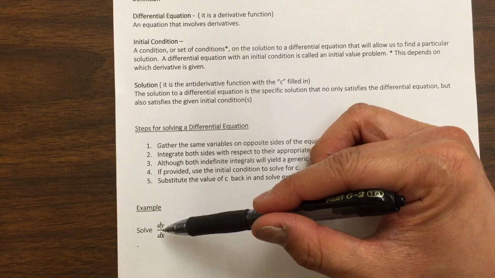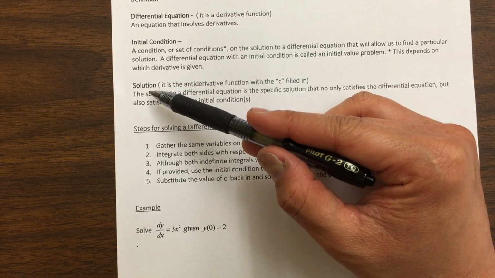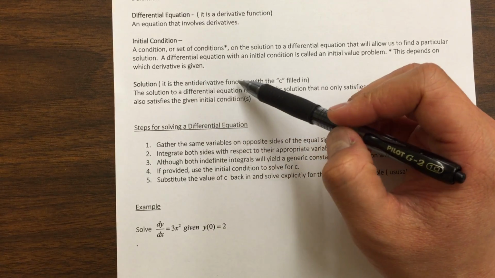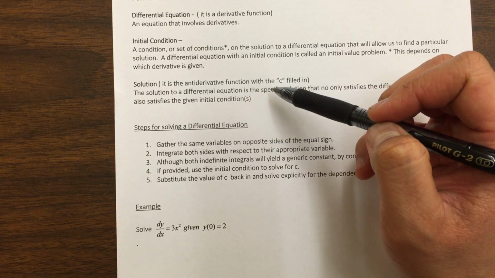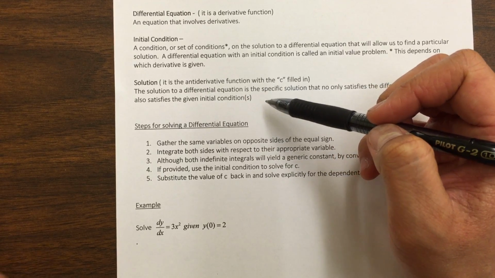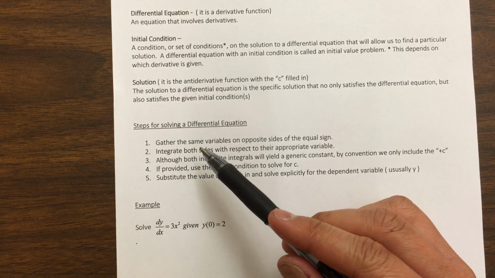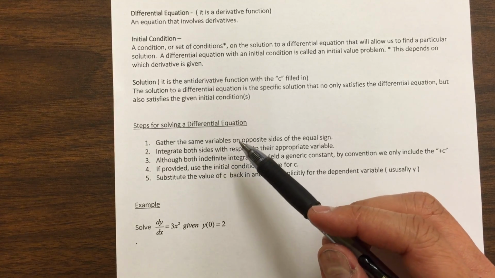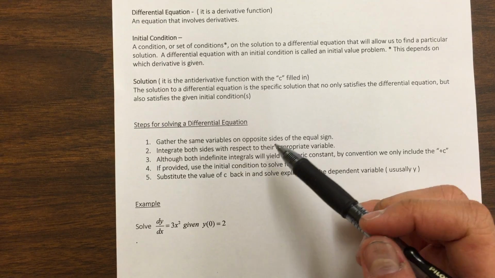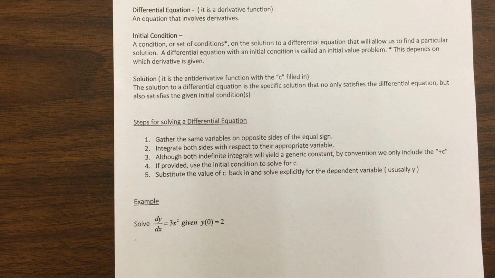And when we solve it, we're trying to find a solution, which is the antiderivative function with c filled in. All right, so how do we solve it? Well, to solve it, we begin by gathering the same variables on the same side of the equation. What does that mean?